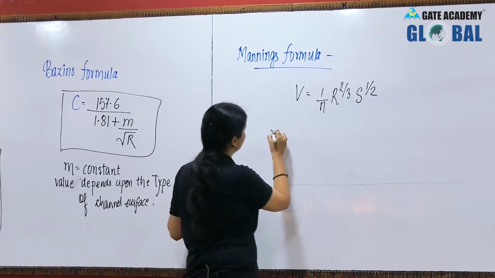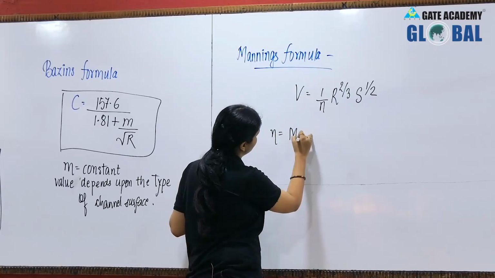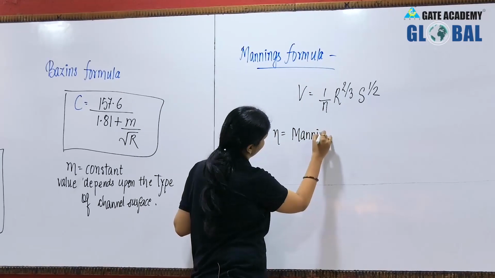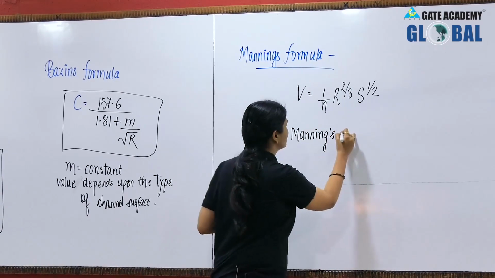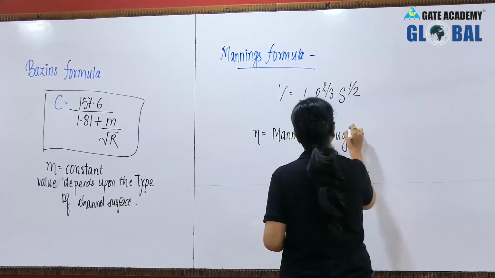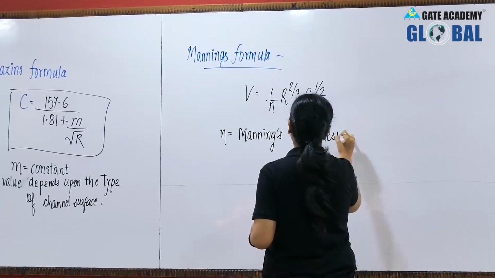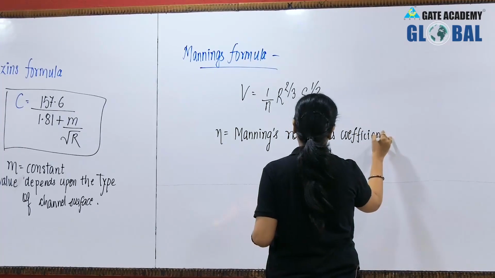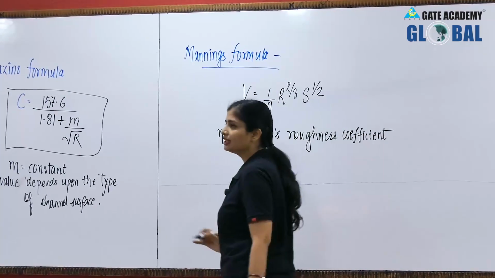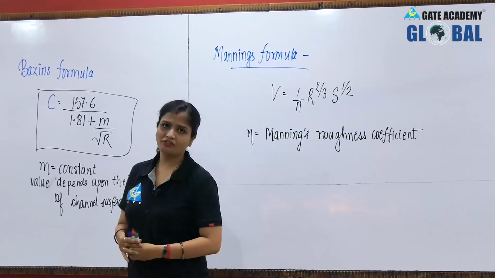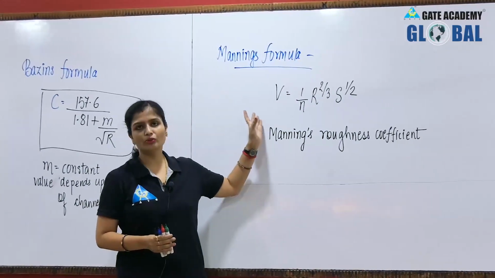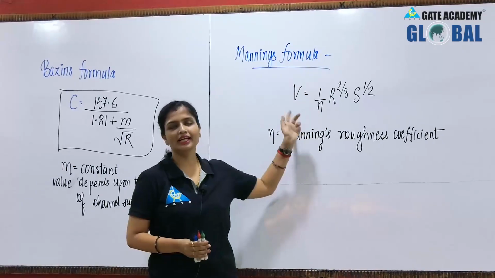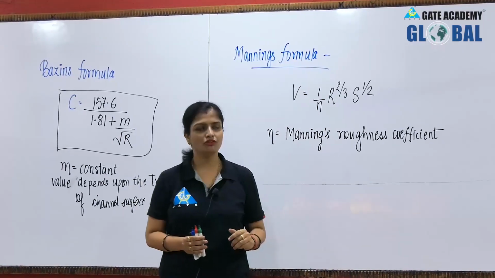So, you can write Manning's roughness coefficient. In a question, generally they give you the values of n, R and S if you want to calculate the velocity with respect to Manning's formula.